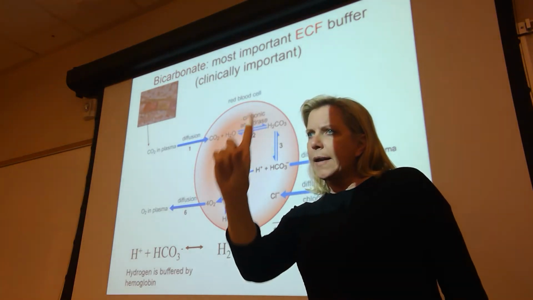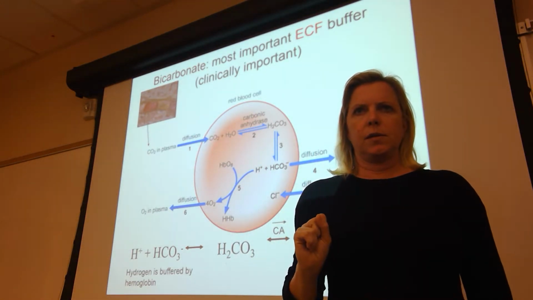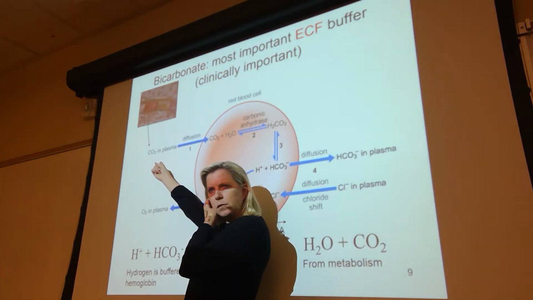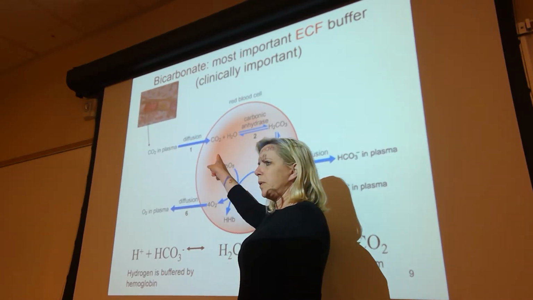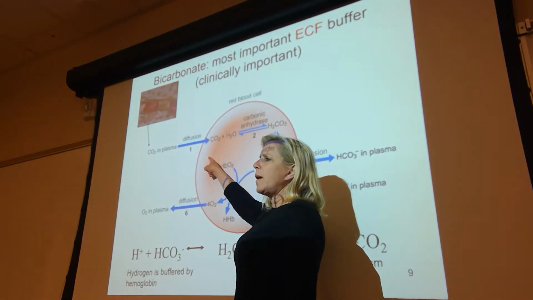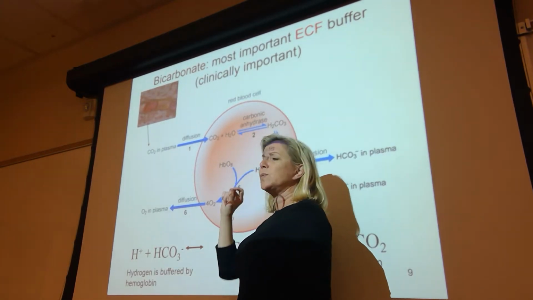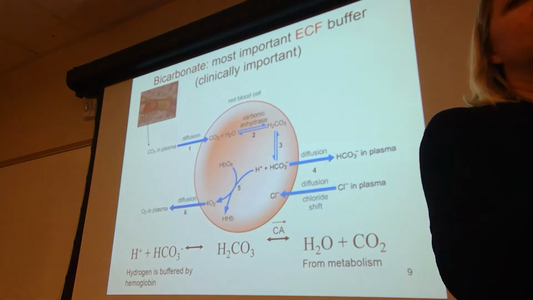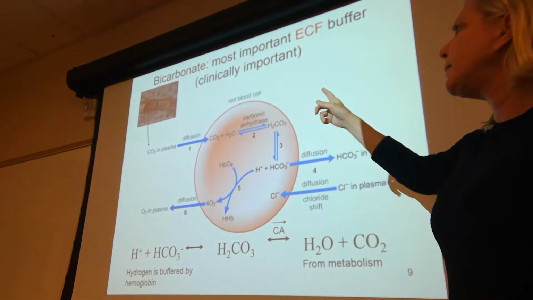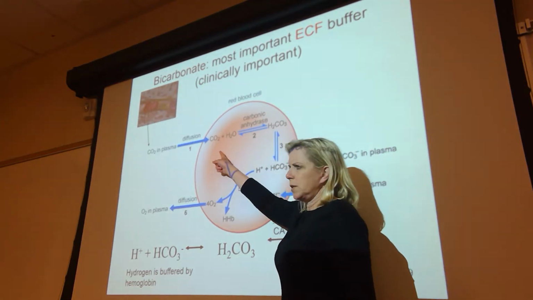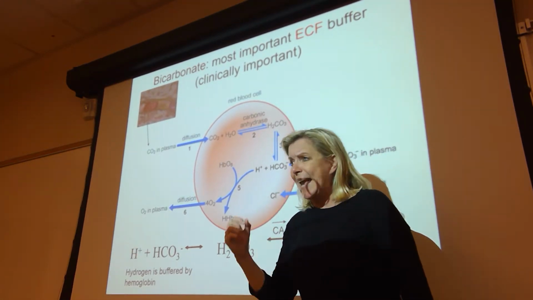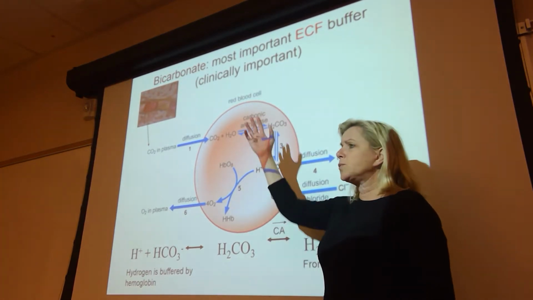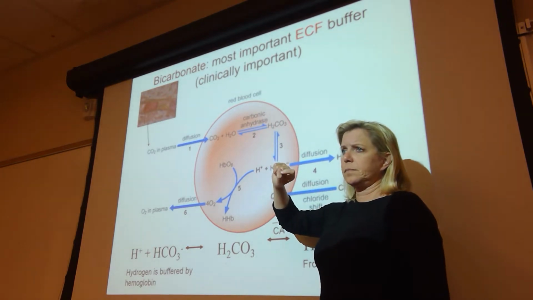One way, 1 out of 6 ways, is that the CO2 will diffuse into the plasma, diffuse into the red blood cell. Within the red blood cell, carbonic anhydrase, which is an enzyme that facilitates the hydration of CO2, CO2 and water, forming carbonic acid. This reaction does not go spontaneously very well. It requires an enzyme. And these red blood cells have that enzyme.